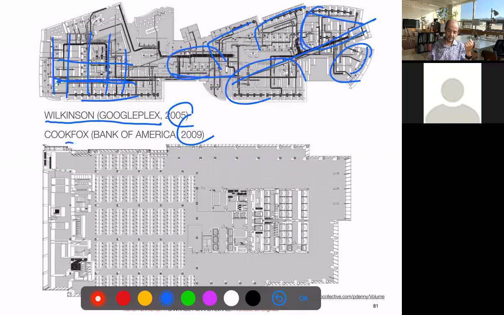Or the minimalistic Bank of America, which uses that system we said of underfloor conditioning. So each working place has its own individual control, which is great because the theory behind that is that you use only what you need to reach your level of comfort.